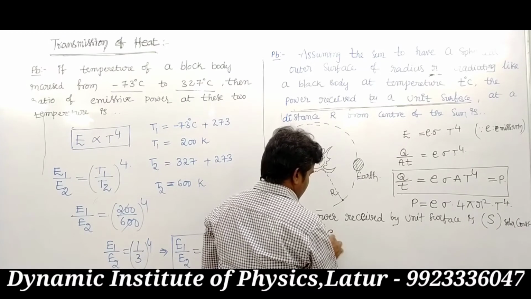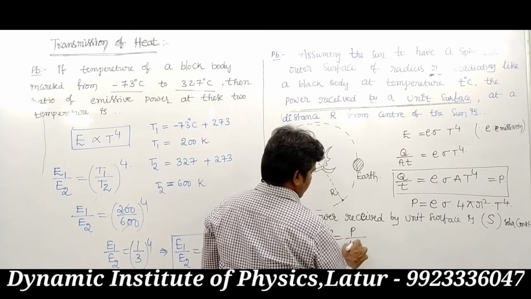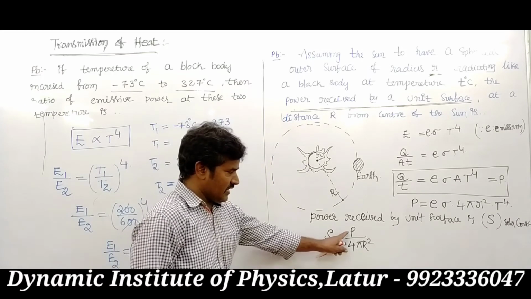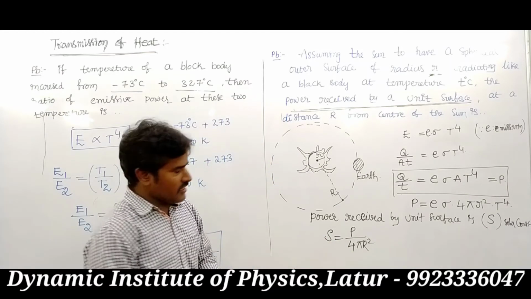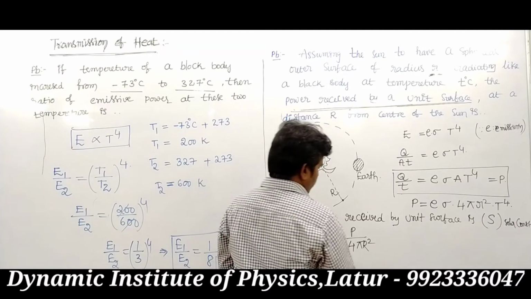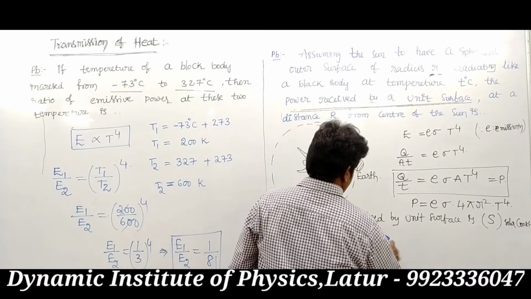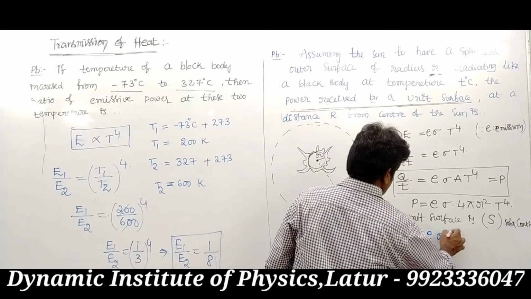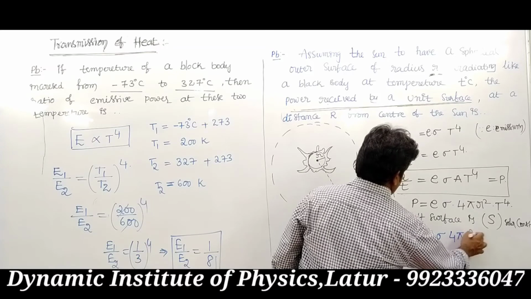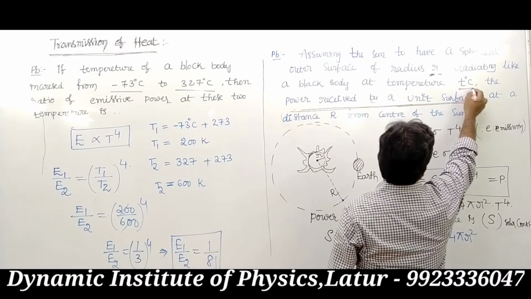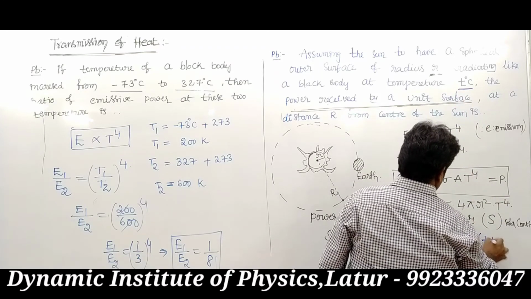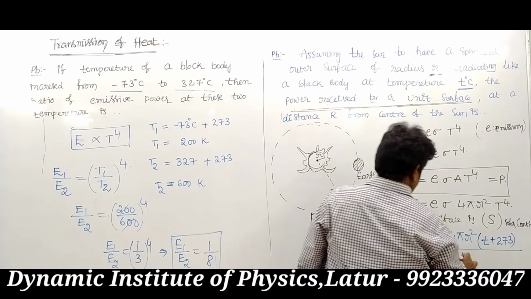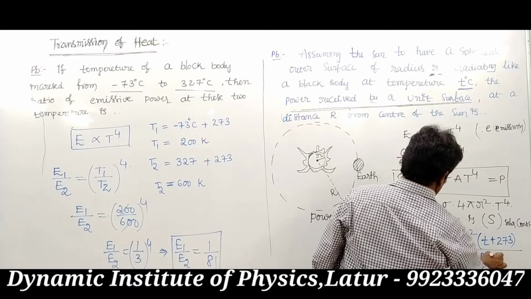It is written as S equals P upon 4 pi capital R square, the power received per unit area. So S equals E into sigma into 4 pi small r square into capital T, where the given small t is converted into capital T, small t plus 273, upon 4 pi capital R square.